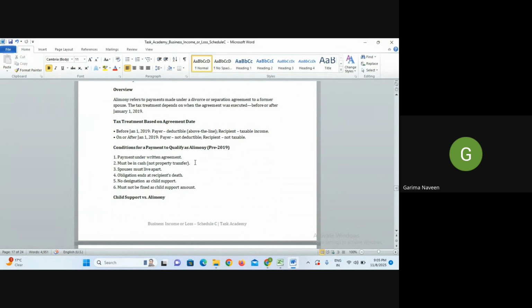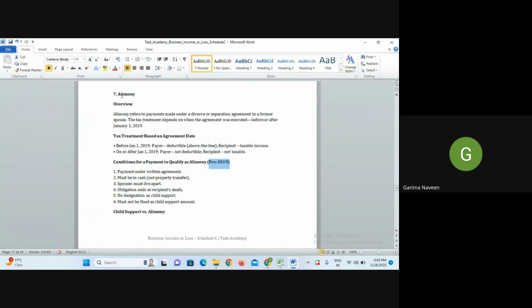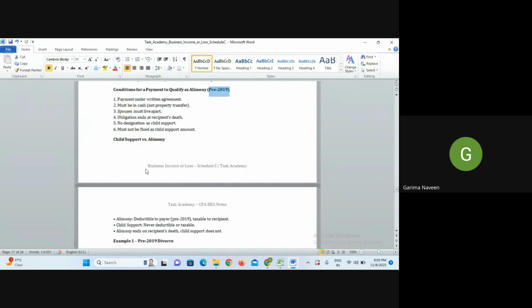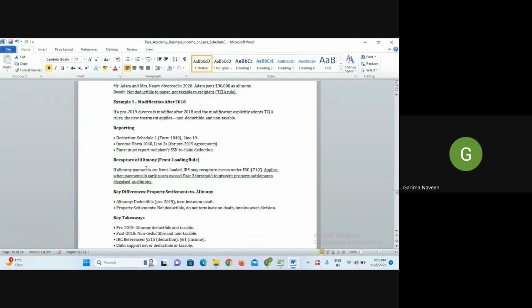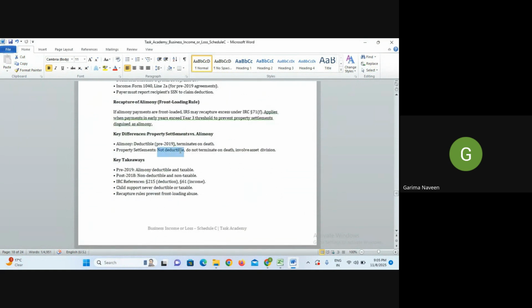But if it is before 2019, then you can get the deduction if you are paying alimony to your spouse, and if you are receiving as a spouse, you need to pay the taxes on this alimony. But child support and property settlement are neither taxable nor deductible. Okay? Neither taxable nor deductible.